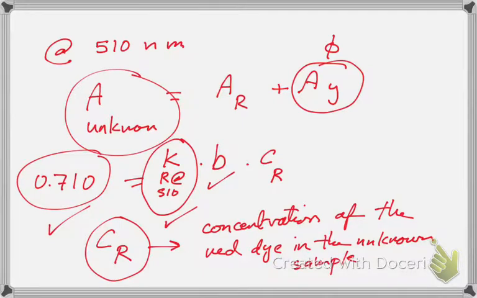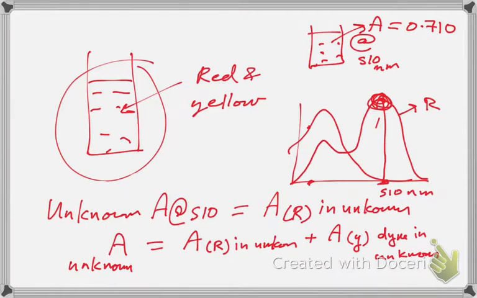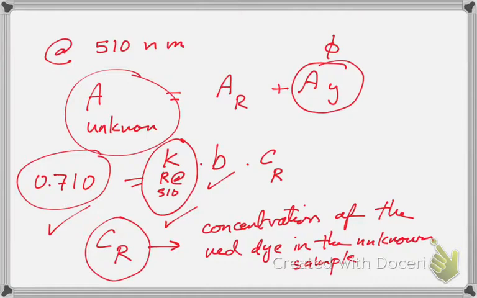Okay? So now you have half of the unknown solved, which is I wanted you to tell me the concentration of the red dye in your unknown. Let's go back to our diagram. At 400, I can't just say, because this is the yellow color, that only yellow absorbs, also red absorbs. What does that mean when I write my equation?